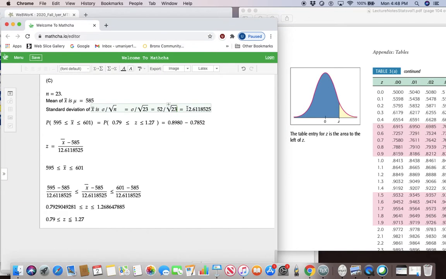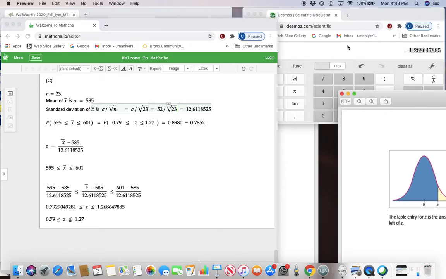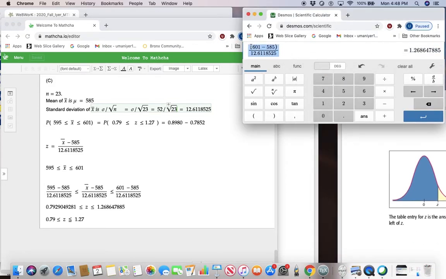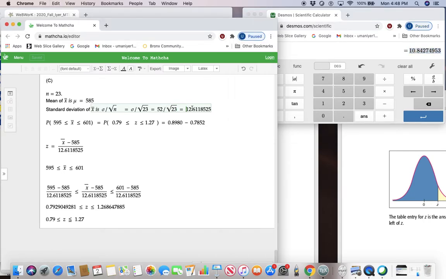So we need the calculator. 52 over square root 23 is 10 point some odd. And this will change because the standard deviation has changed.